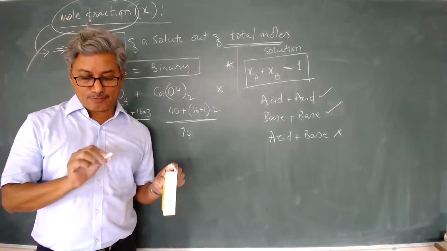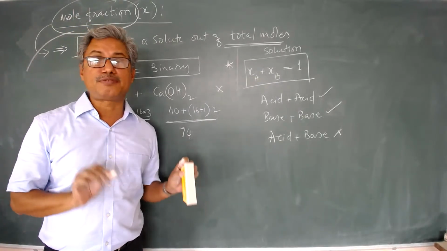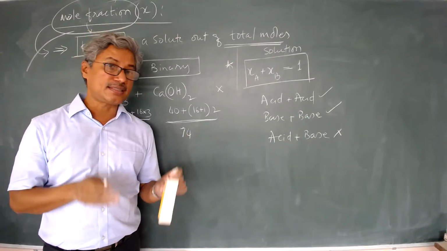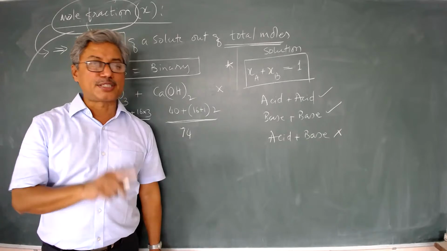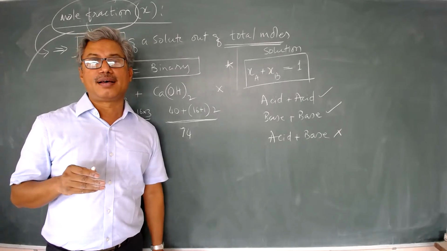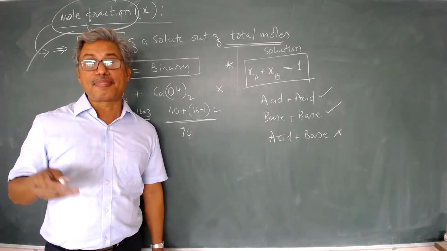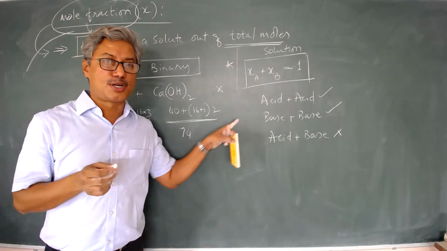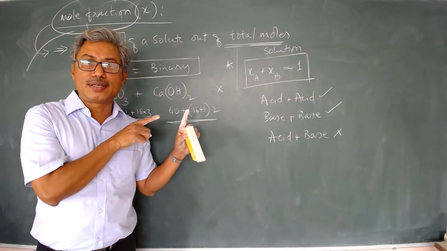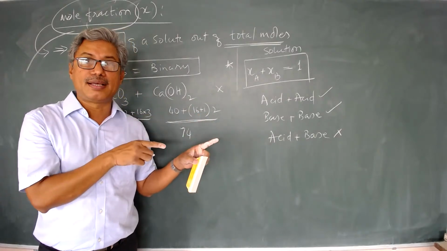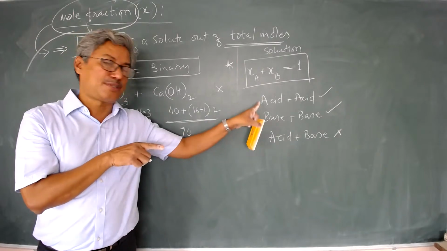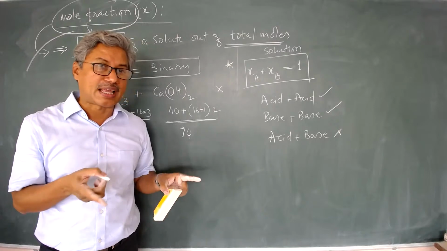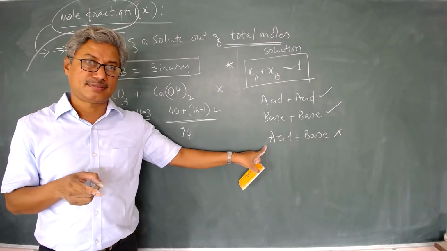They may ask you like this: for which of the following the concept of mole fraction is not applicable, or for which of the following the concept of mole fraction is applicable. In either of these two situations, your point is to find out the choice where this holds good. If the question asks for applicable, then you should look at either of these two. And if the question asks for not applicable, in that case, this should be the answer. Clear?